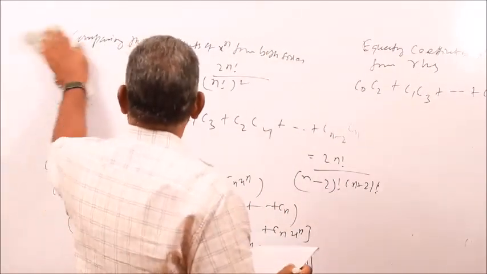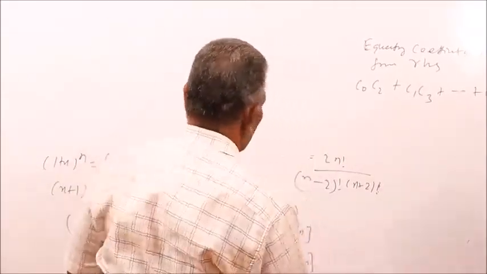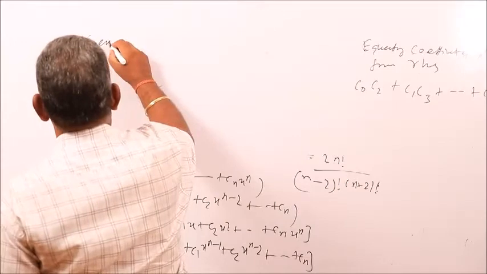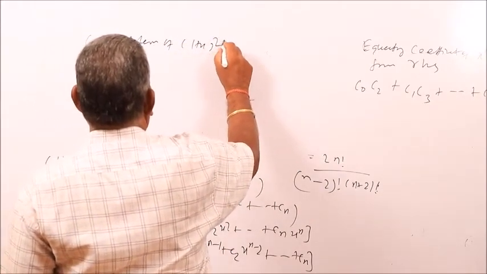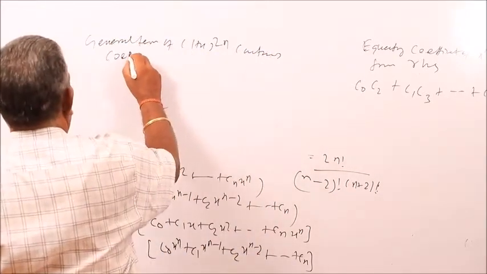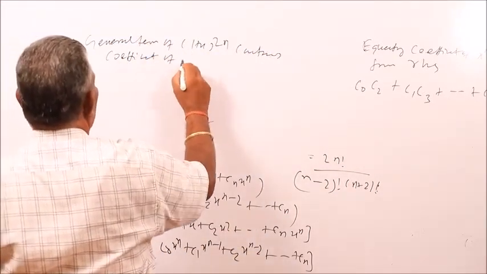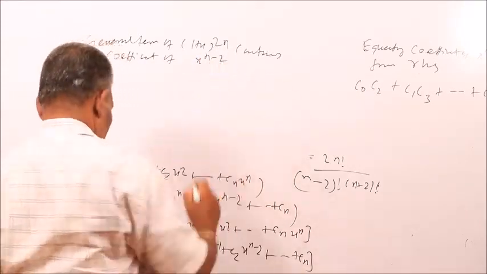Like the previous cases, suppose the general term of 1 plus x whole to the power 2n contains the coefficient of x to the power n minus 2.